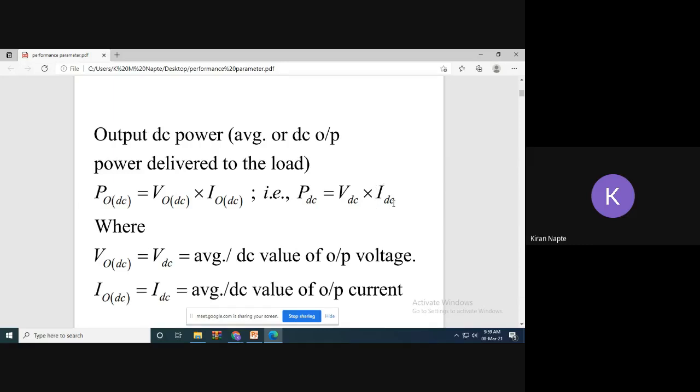If we simply multiply both these quantities, obviously the output voltage and output current will be DC, and then we get this PDC, which is nothing but the DC power which is provided by that particular converter.